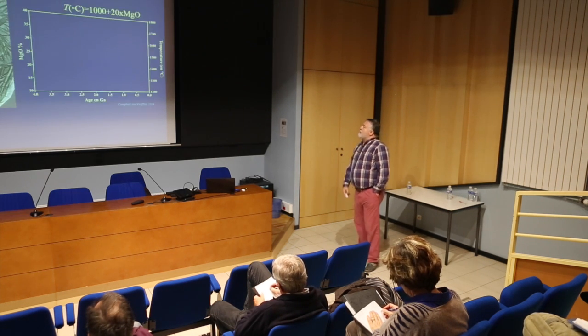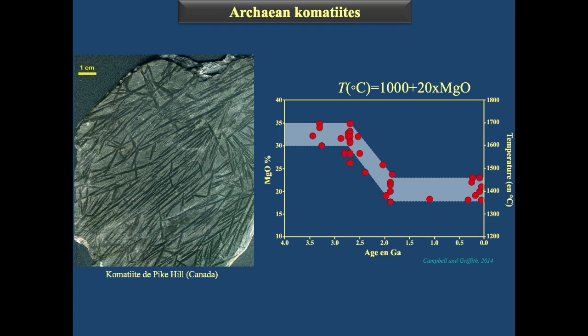In a recent paper, Campbell and Griffiths, 2 years ago, report the analysis of rocks from different ages, and they consider an empirical equation that relates the temperature of crystallization to the magnesium content of the lava. Doing so, they can deduce the temperature of crystallization of the lava.